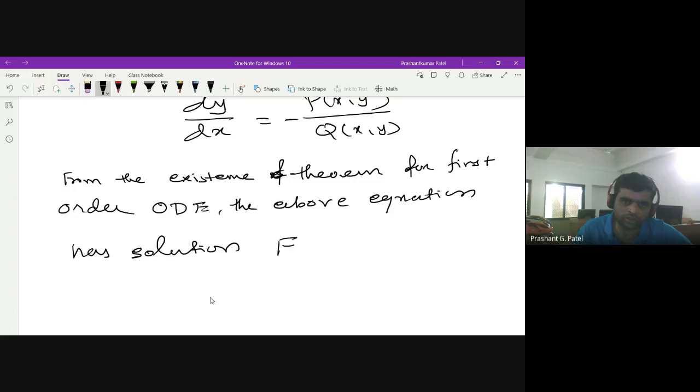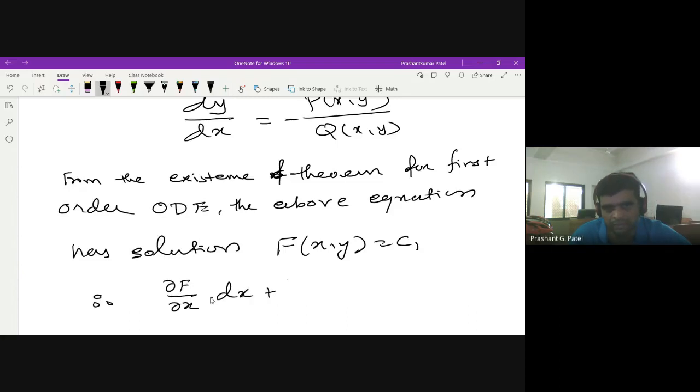Let's say that solution is f(x,y) equal to c1. Then if you differentiate this, or I'll say take the gradient of this one, it is del f by del x into dx plus del f by del y into dy.